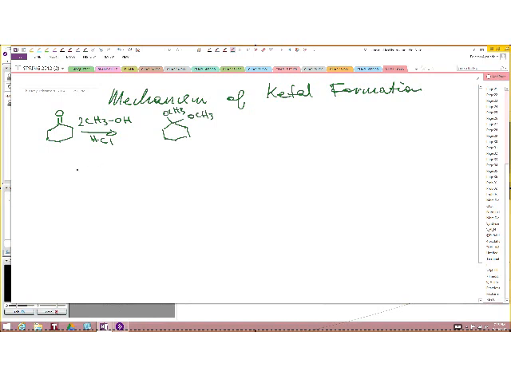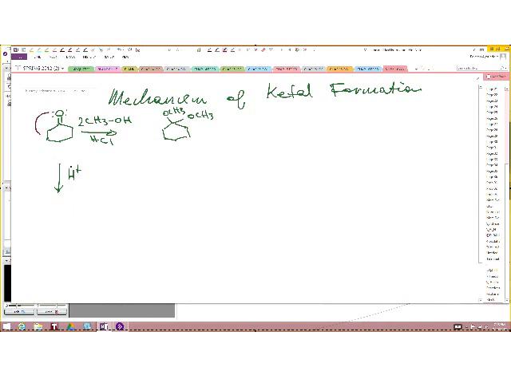Okay. So the first thing that happens, the HCl acting as a catalyst will be providing a proton. So let us simply have the proton here. And keep in mind this oxygen here has a pair of non-bonding electrons. Okay, so what happens?